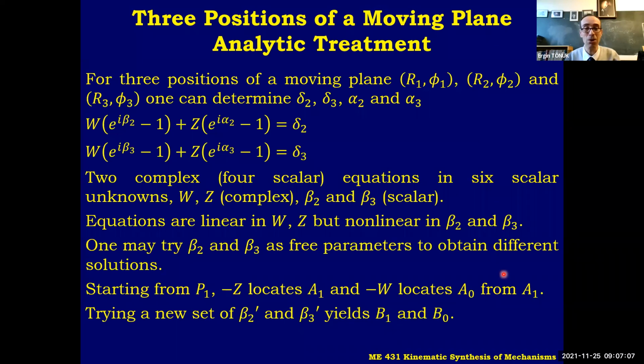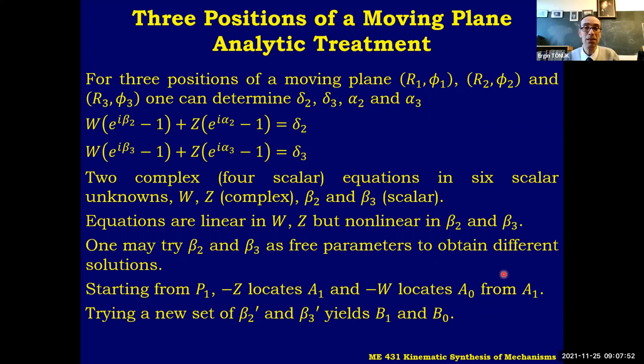You can see what's going on while you construct the mechanism, so you can maybe make educated guesses in selecting the locations of A and B. Here you don't have it, but you can just write a code that might generate plenty of A's and B's, and then you can select certain values from that set and analyze the mechanism and see what's going on. So none is superior to the other. Each method has its own advantages and disadvantages.